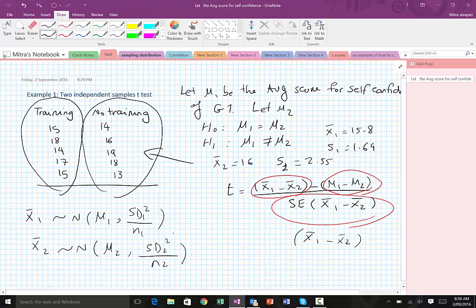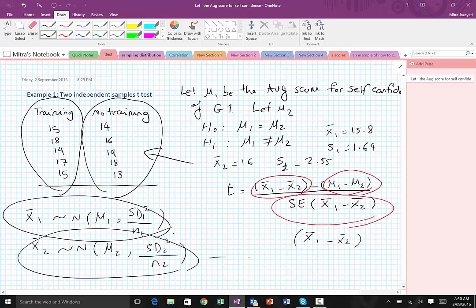Alright? So if we subtract these two distributions from each other, so let's say I have got one distribution here, the other distribution here, this is mu1, this is mu2. The difference between these two, mu1 minus mu2, will give me a new distribution.